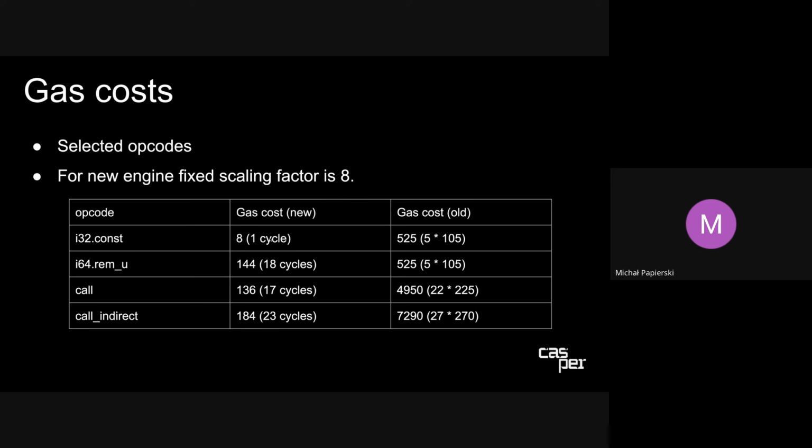That was a good observation, that it behaves much more predictably in terms of cycle count. Then you still have to go from cycles to the gas cost, and for that there is a fixed scaling factor.